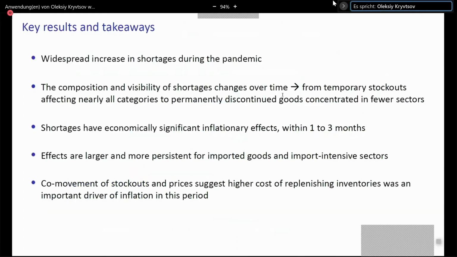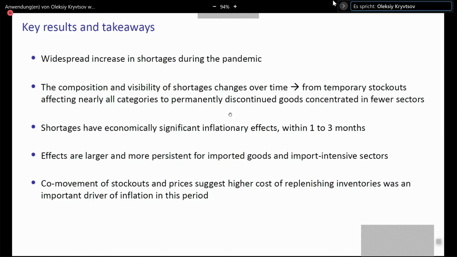The bottom line for this paper is that we document a widespread increase in shortages in the retail market across a number of countries. There are a lot of differences across sectors and countries in how these shortages play out.